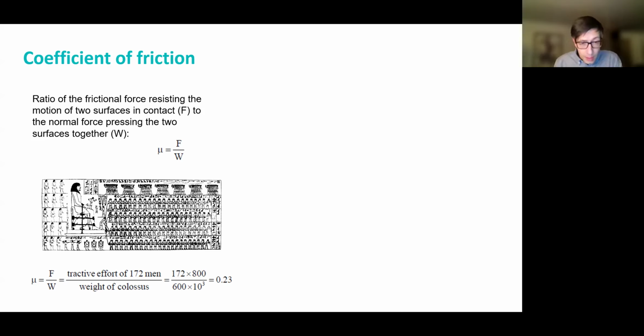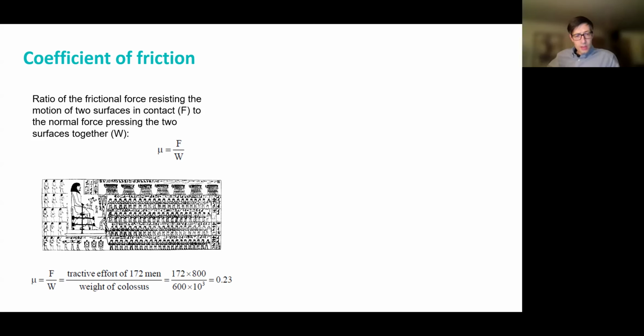So I think someone calculated that it's 172 men, and the tractive effort that they produce is our frictional force. And then let's assume the weight of that stone Colossus is approximately 600 tons. So with that, we would calculate that the coefficient of friction in that case is around 0.2, 0.23 exactly.